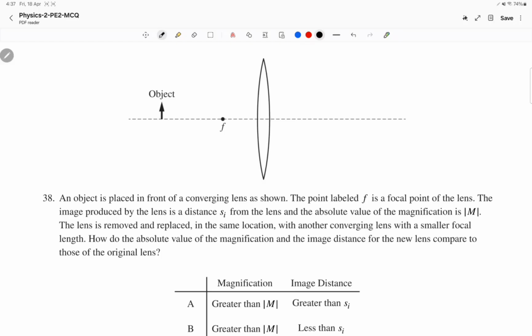An object is placed in front of a converging lens, and as you can see, it's outside the focal length. That means the image has to be real, and it has to be inverted, and it has to appear on the other side, so somewhere here. The lens is now removed and replaced with another converging lens with a smaller focal length.